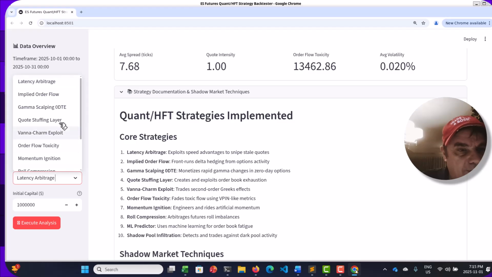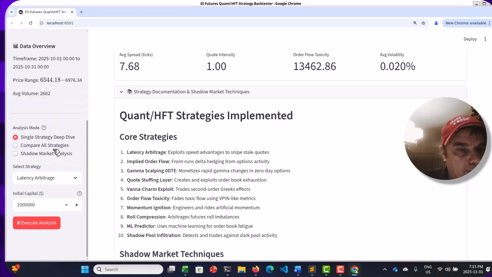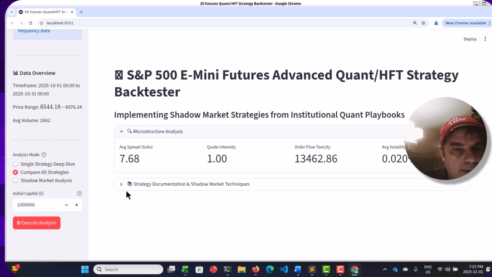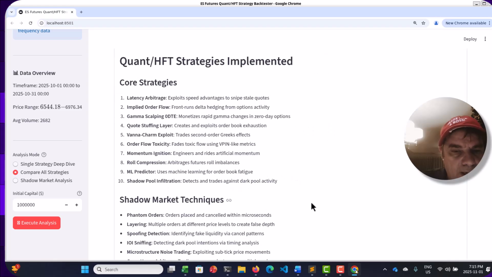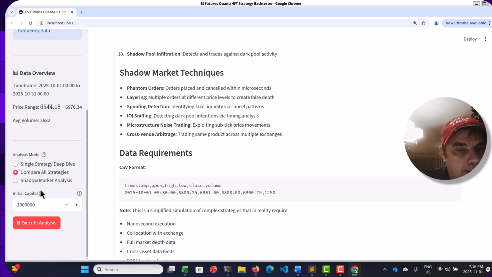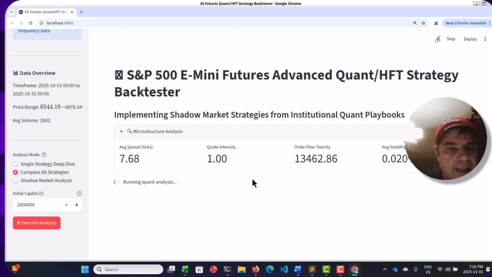So we have all these different strategies we can go through. So we have a single strategy deep dive, pair all strategies. Okay, so what are we looking at? All these strategies available, I assume. And then we can do the shadow analysis, but we're using simulated data. So let's see how fast this is.